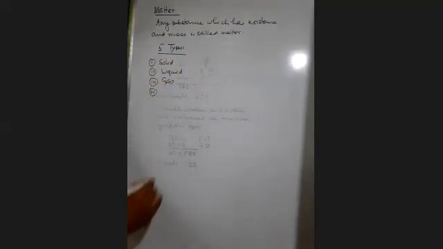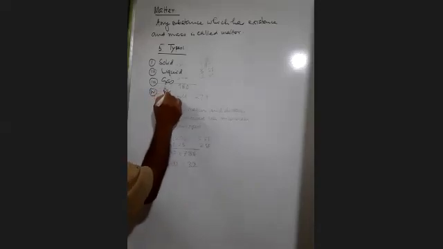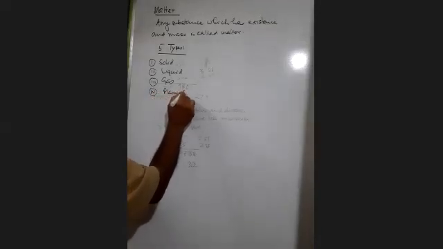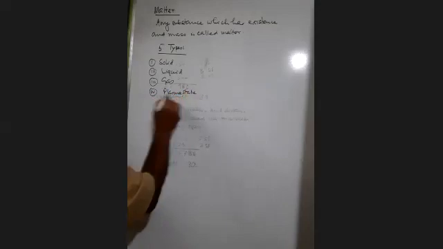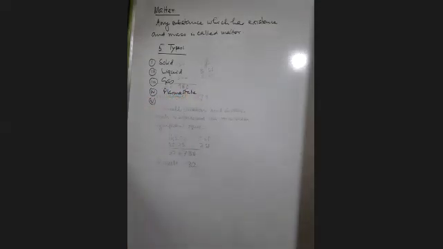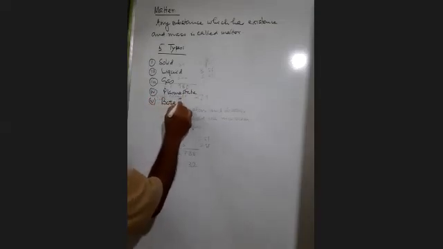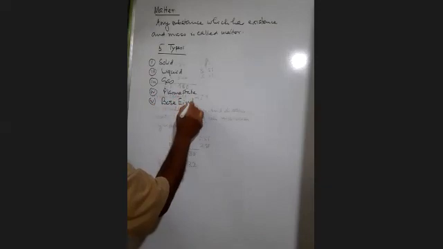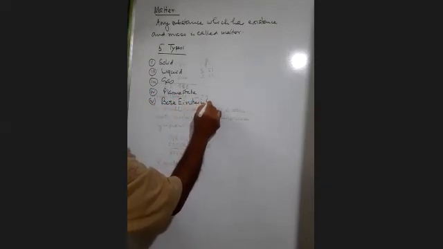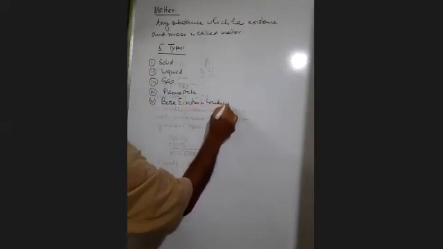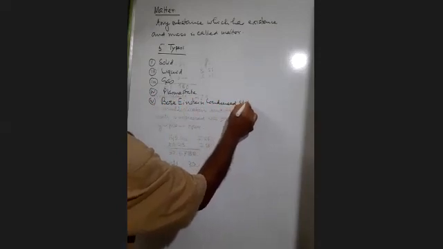Plasma. Yes. Plasma state. And what is the 5th one? Bose-Einstein condensate. Yes, it's called Bose-Einstein condensed state.